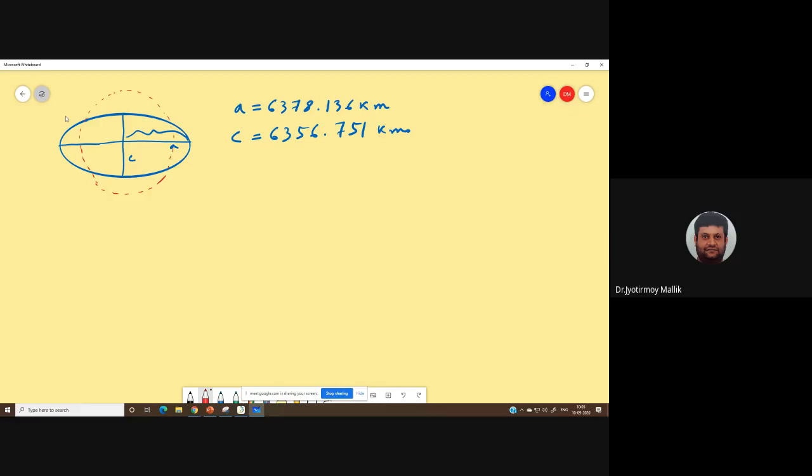And then we said the radius of the sphere is R. So R can be found out by A square by C. And that will provide you around, the value of R will come down to approximately 6371 kilometers, okay, which we generally use as the radius of the Earth.